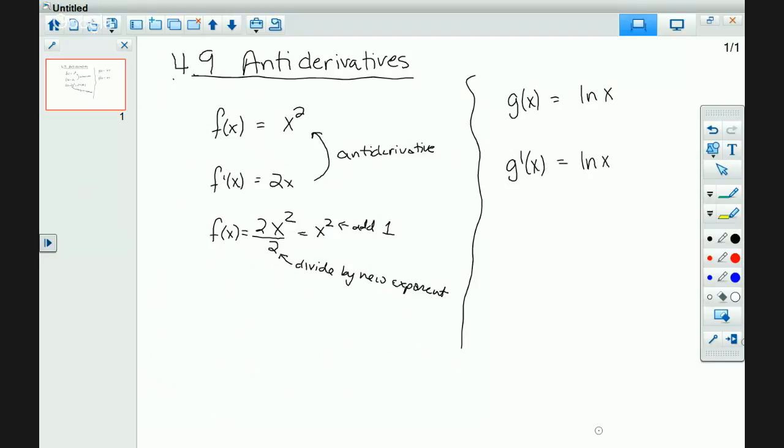Oh boy, I just did that, didn't I? So what is the antiderivative of 1 over x?